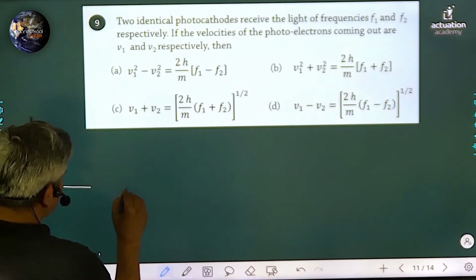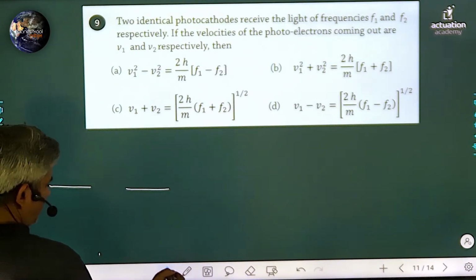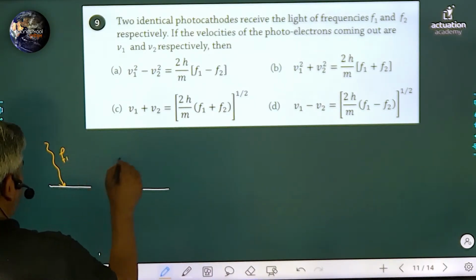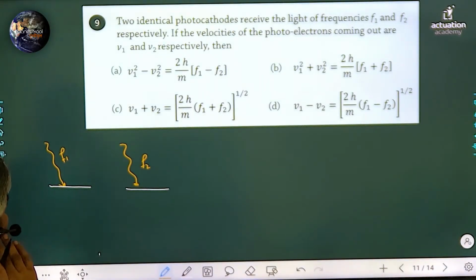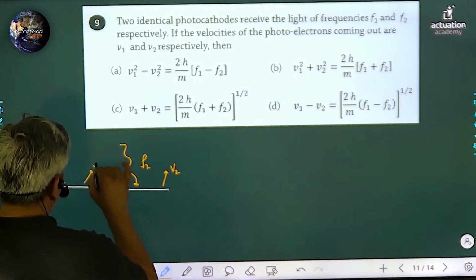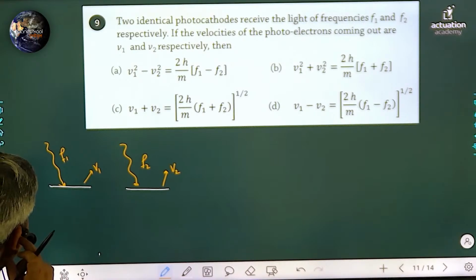Let's say this is 1 and this is 2, and both are receiving the light of frequency f1 and f2. Then the electrons which are coming out have velocities v1 and v2. Then we just need to find out the relation between these two.